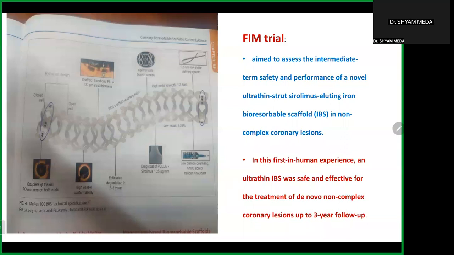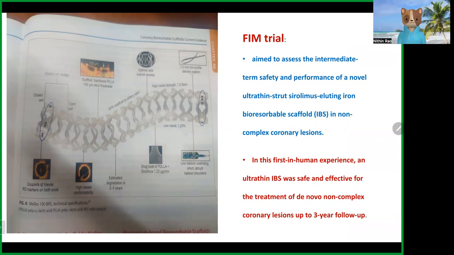But Meril was PLLA. It's iron in that chart. In the last three slides back, you showed a table.